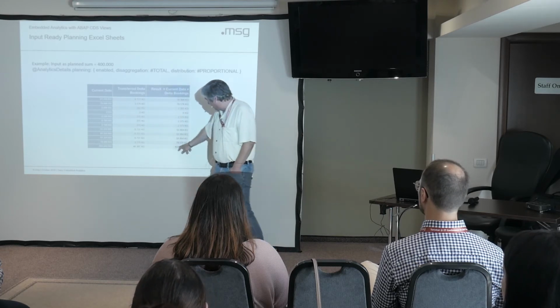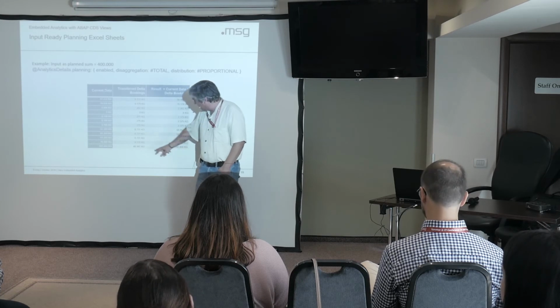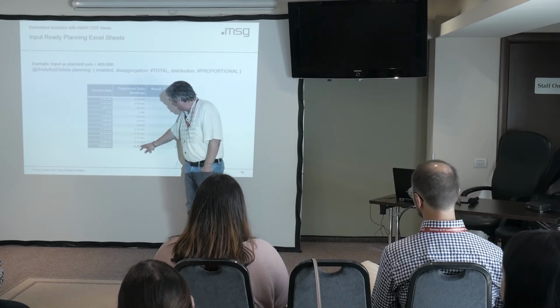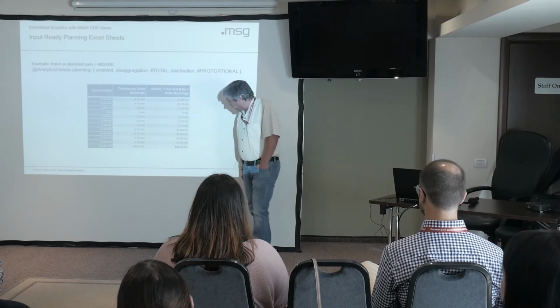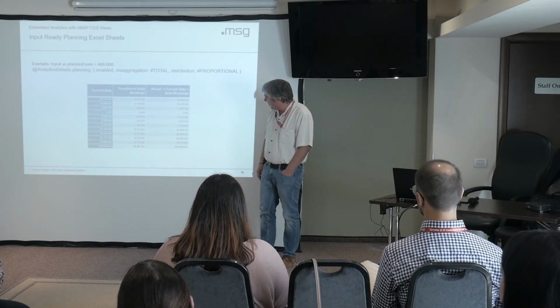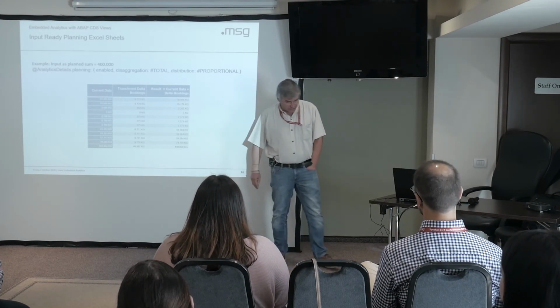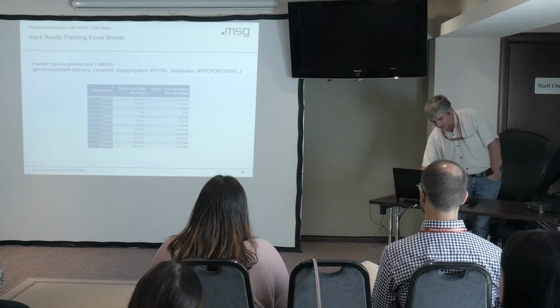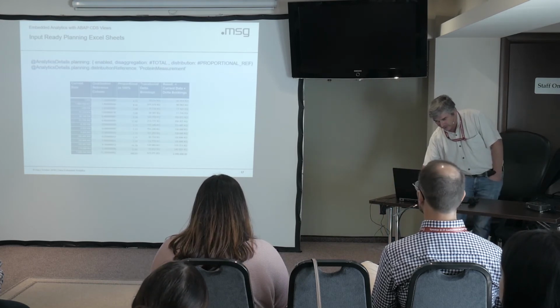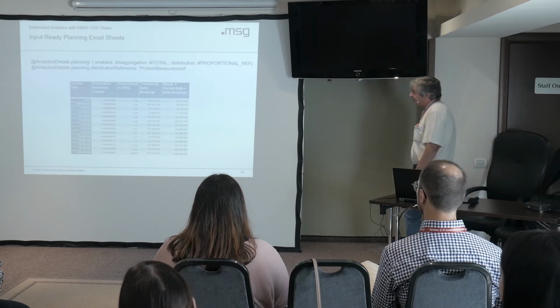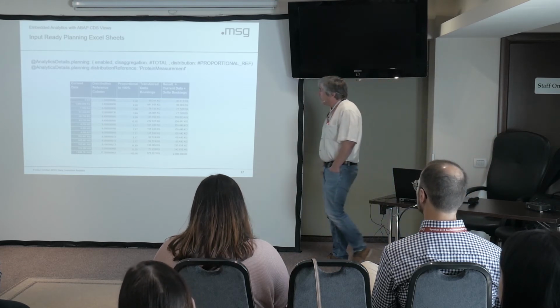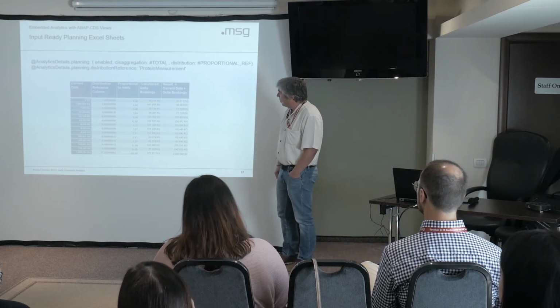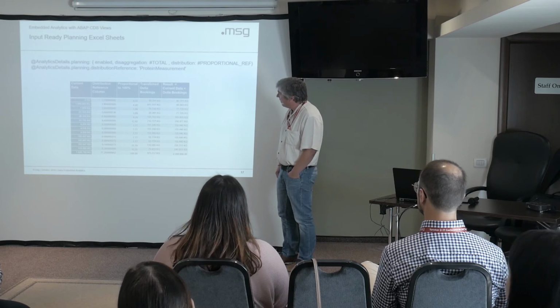So the difference between 400,000 and the current data are the 46,000 kilograms, and these are distributed among the columns, among the planning periods.